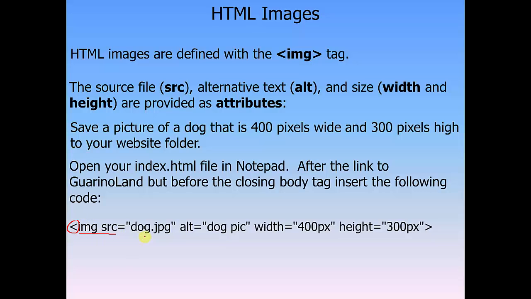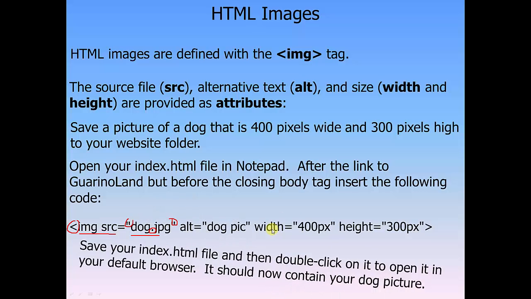We have img src, dog.jpg. We've got to go over that. It's inside our quote marks. Then we're going to say alt, dog pic, inside quote marks. Width is equal to 400 pixels. Height is equal to 300 pixels. And I'll explain all this as we go through it.